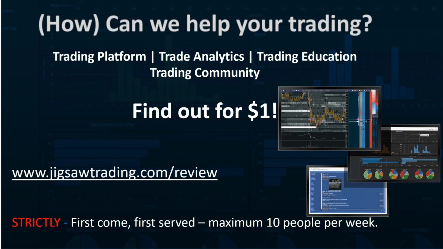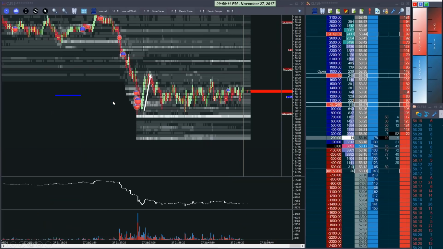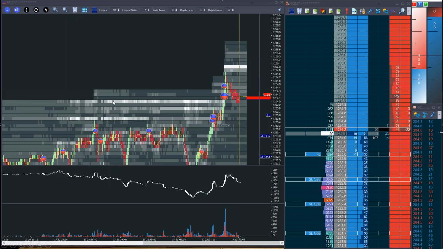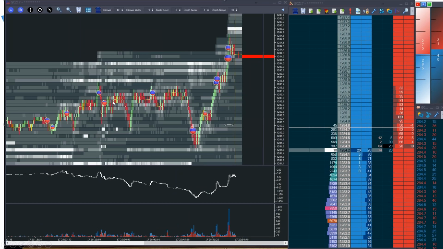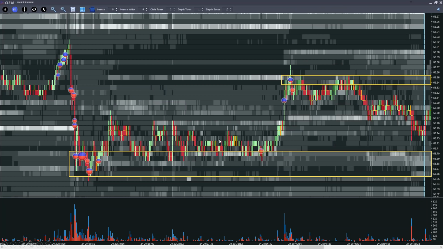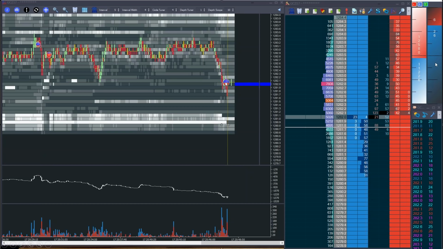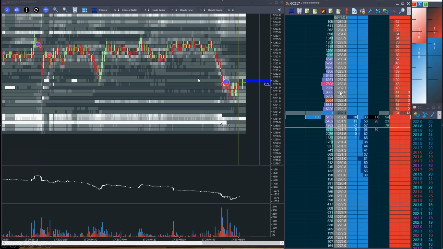In your first example, how are you determining that the shorts are getting stopped out as opposed to simply covering their positions? Well, basically I'm getting in because there's aggression on the buy side.